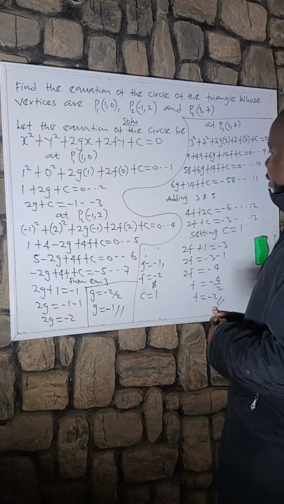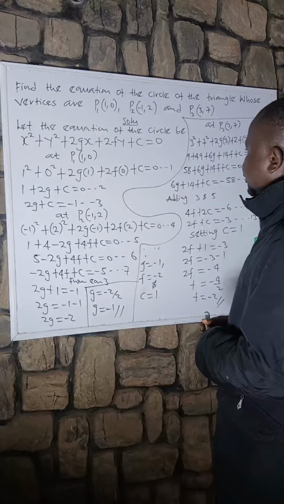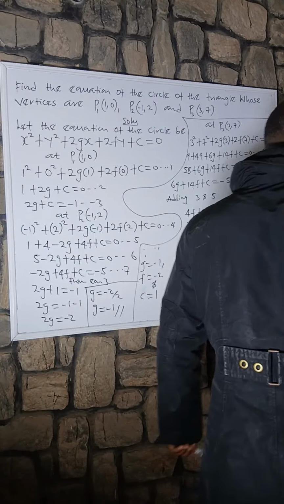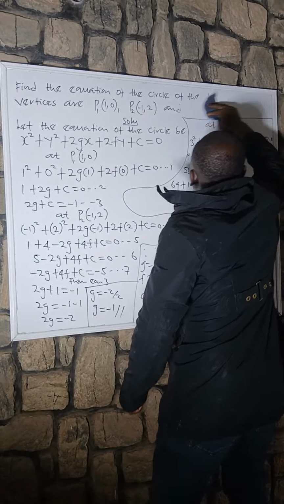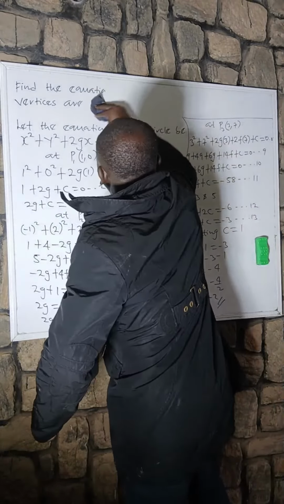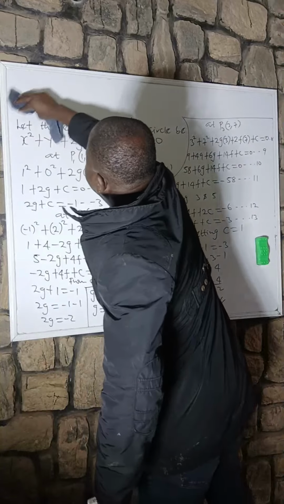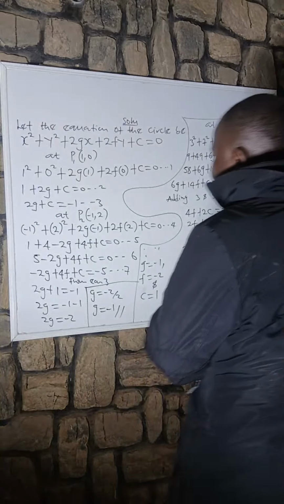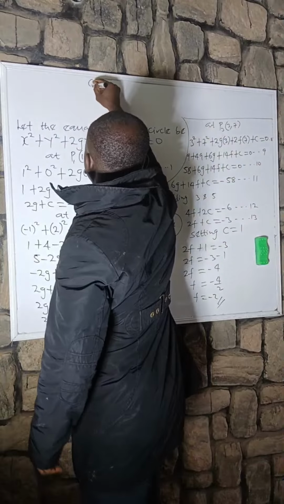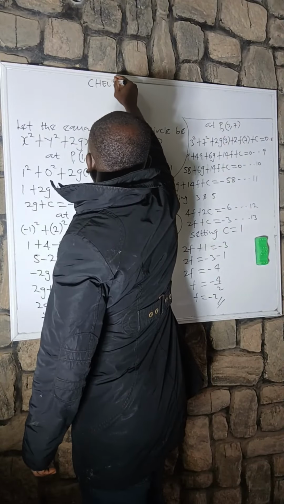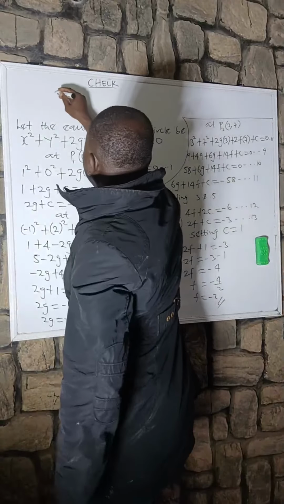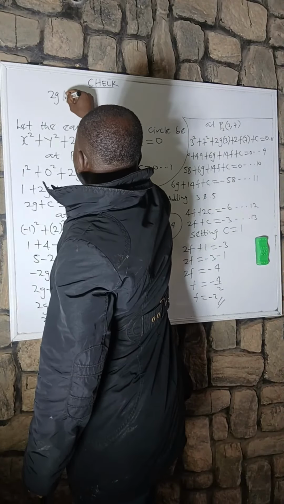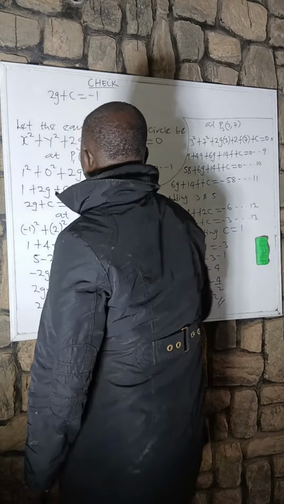So let's check whether we are right or wrong. This is how you are going to solve this problem. Let us use equation 3 to check: 2g plus c equals to minus 1.